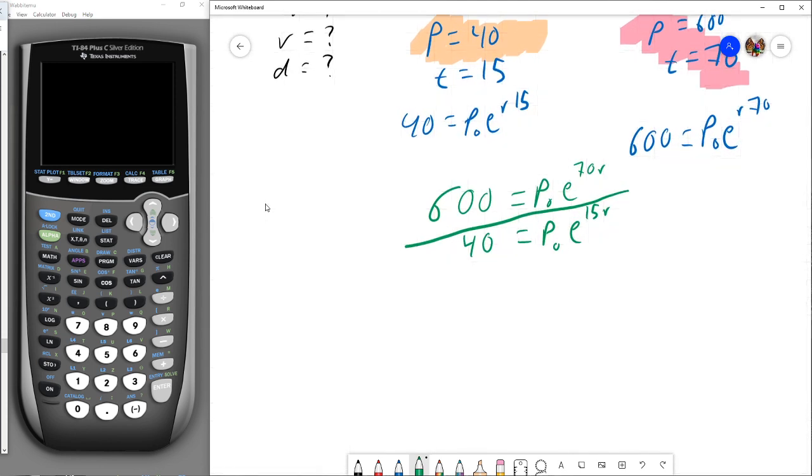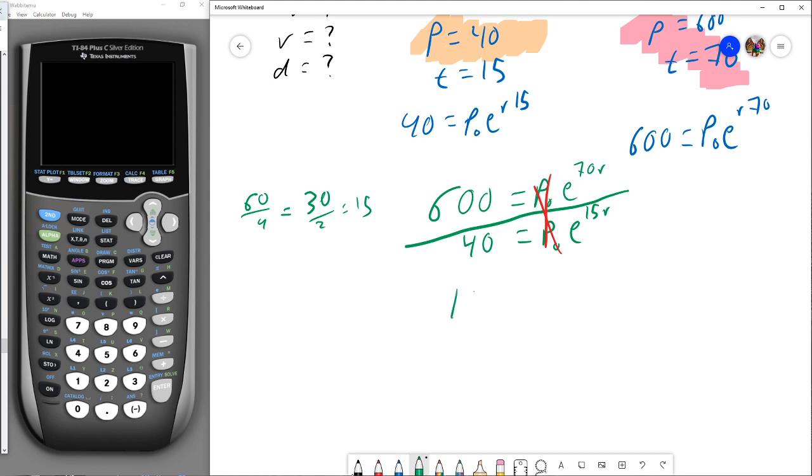So I wrote our equation with the larger numbers on top, and then the equation with smaller values on the bottom, and I'm going to actually divide the two equations. By dividing the equations, on the left here we have 600 divided by 40, which is the same thing as 60 over 4, so 30 over 2, or yes, 15. And then on the right side, the P naughts will just cancel out.